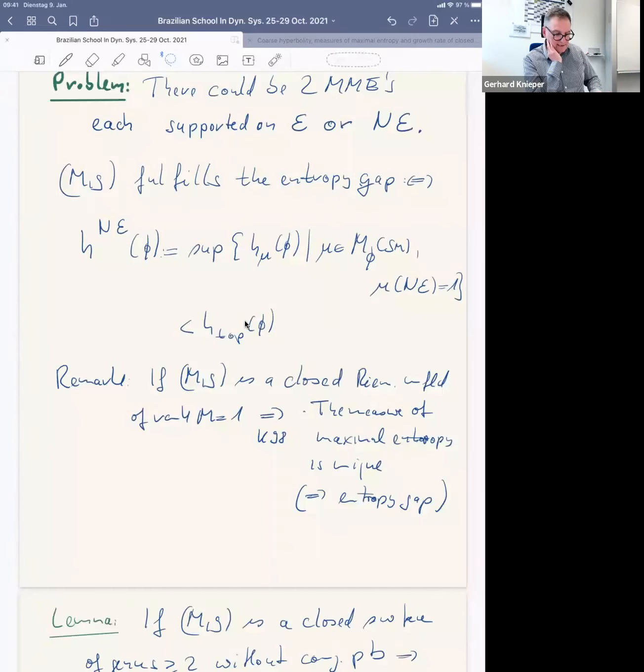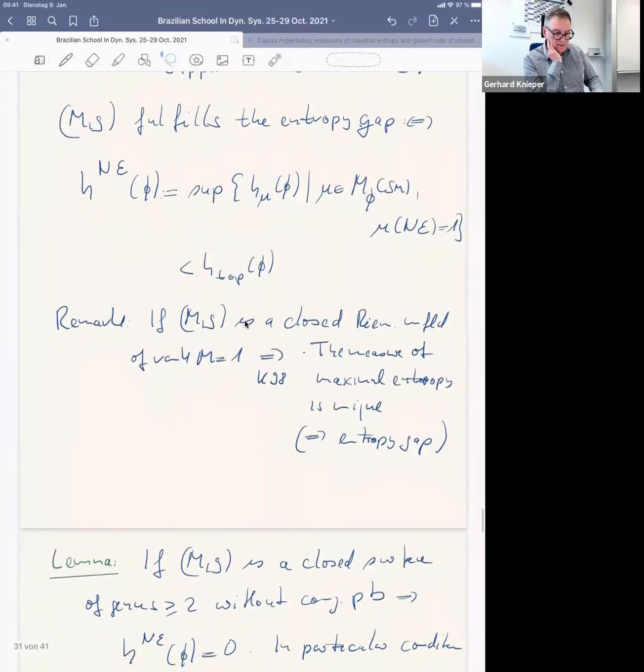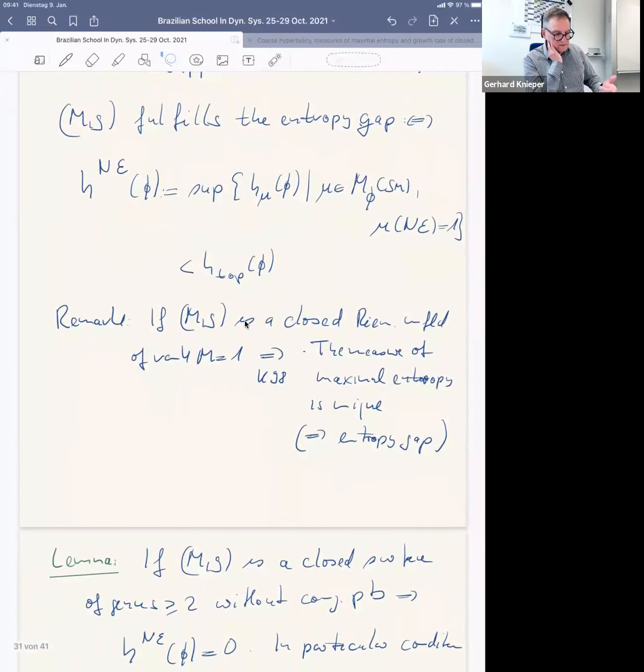So one can deduce this entropy gap from that. And two years ago, I think Burns, Climenhaga and Thompson, I'm not sure, had another way of reproving my theorem by showing that this entropy gap in non-positive curvature exists. So that was a different way.